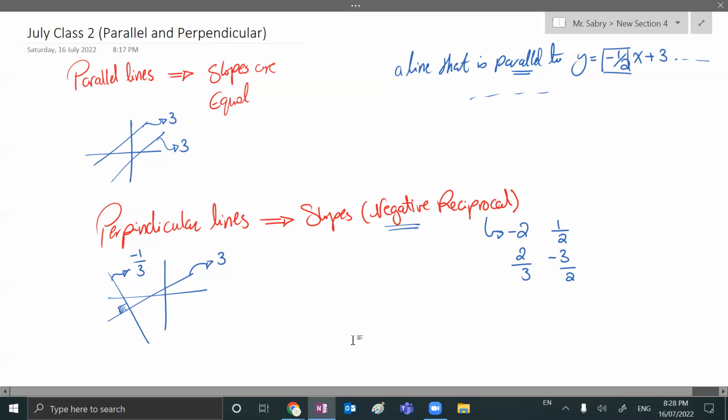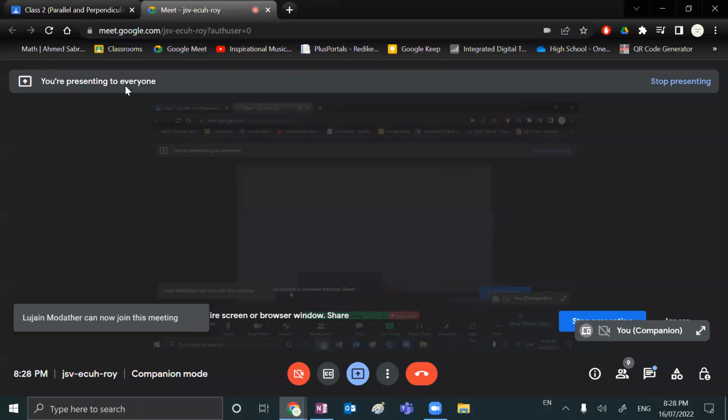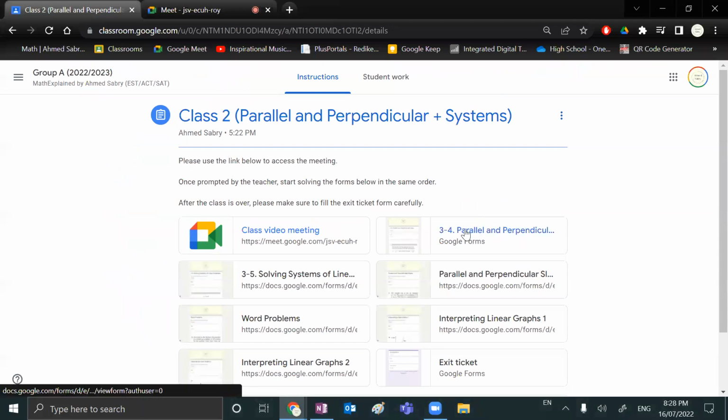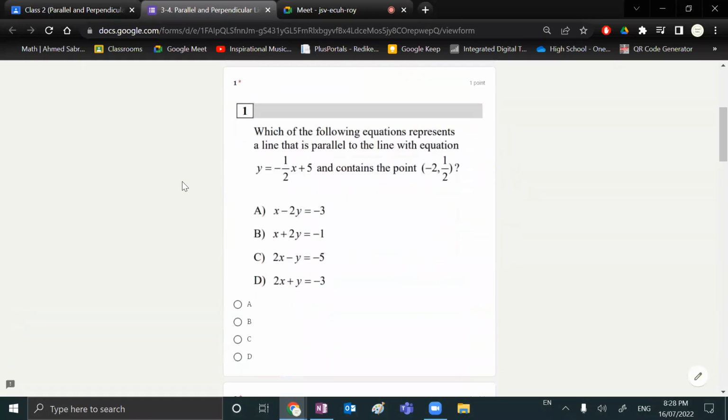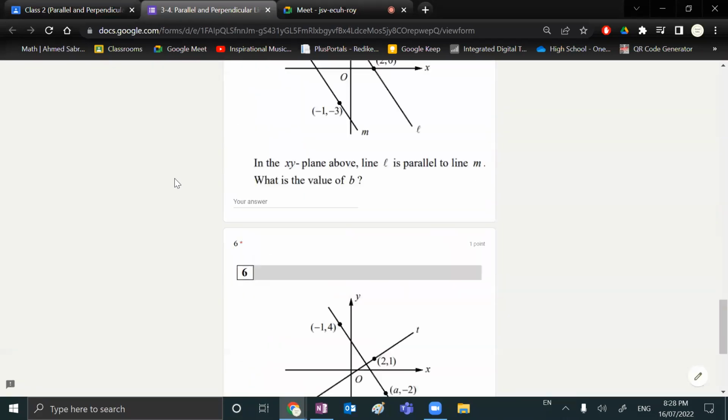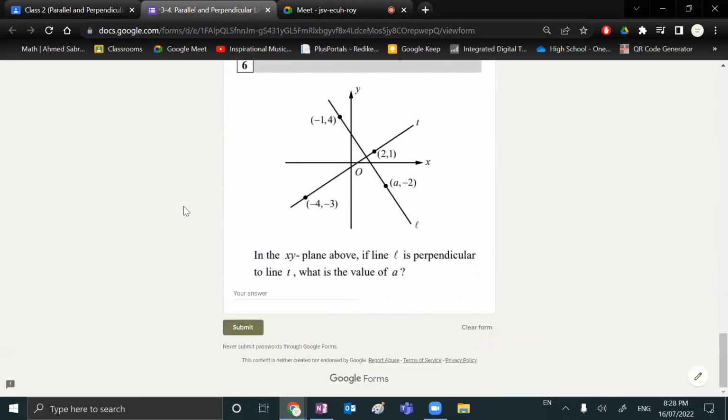Awesome. Let's see how the questions work with this idea, and how something like that can come in a question. If you please head to Google Classroom right away, you'll see 3-4, parallel and perpendicular lines. These questions are all about parallel and perpendicular lines, using the slopes.